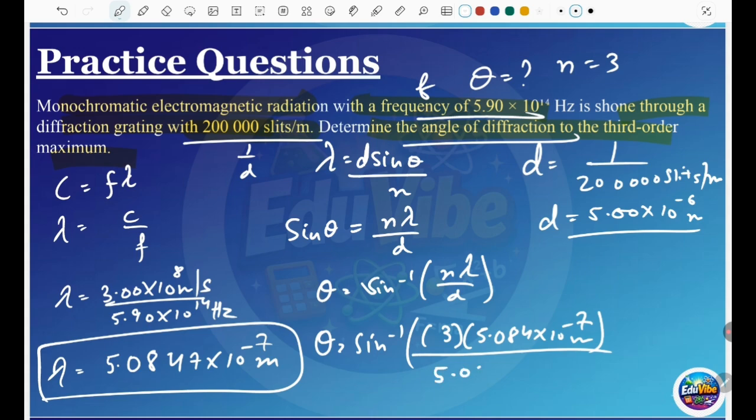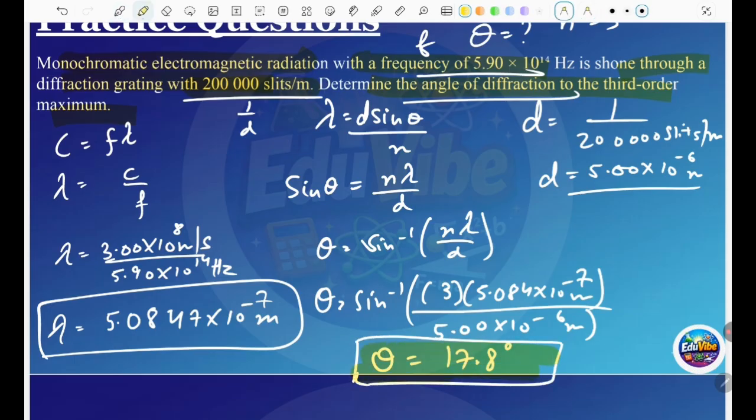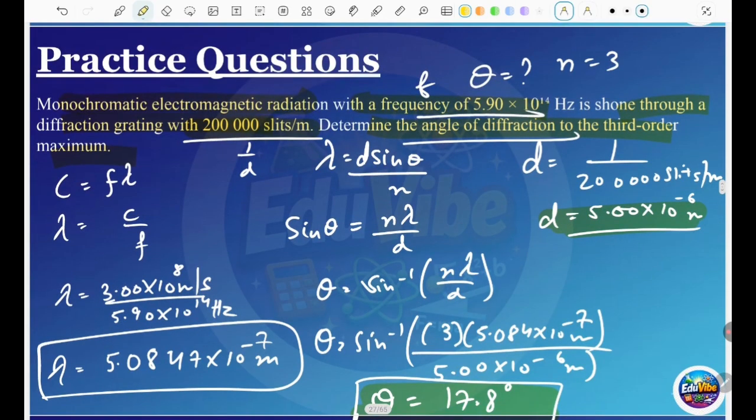So put this over there, and at the end you get your theta of about 17.8 degrees. So this is the answer. That d, you have to know how to find, because this is 1 upon d, so you convert this slits per meter to its reciprocal. So you can find this from here.